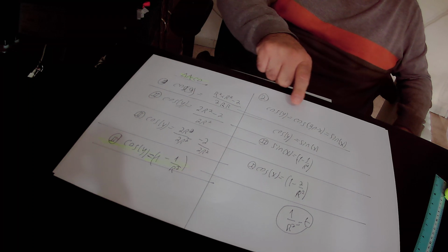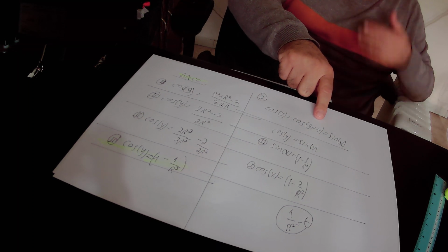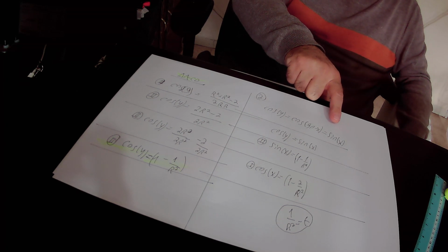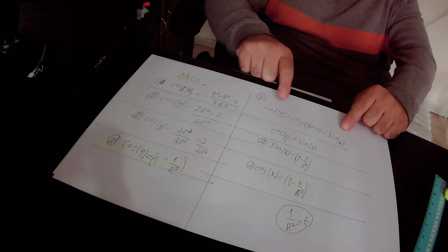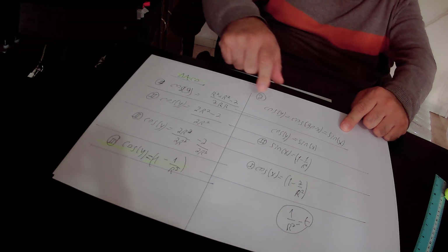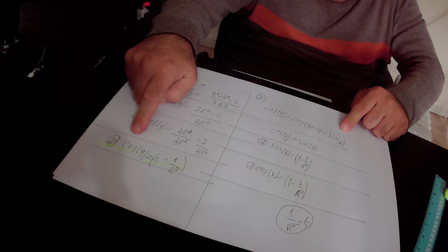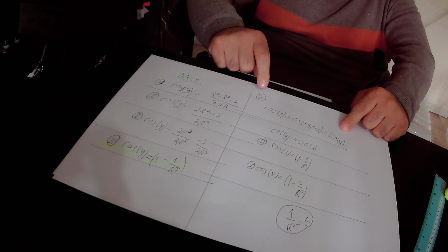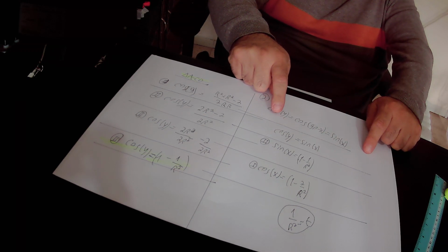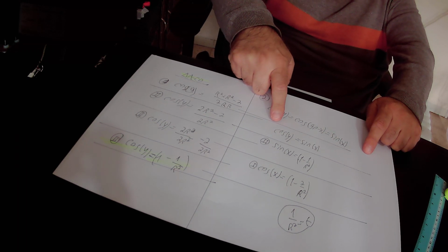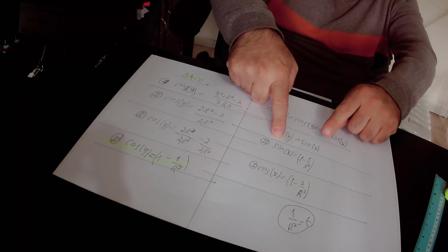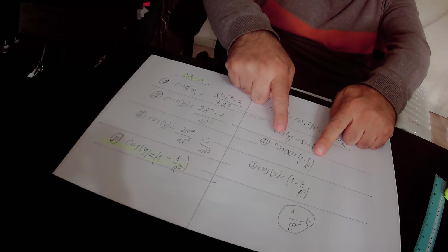So cosine y equals cosine of 90 degrees minus x, and cosine of 90 degrees minus x is sine x. So in conclusion, cosine y equals sine x, therefore we substitute cosine y in equation number 2 by sine x. Cosine y is sine x, and according to equation number 2, it is equal to 1 minus 1 over r squared.